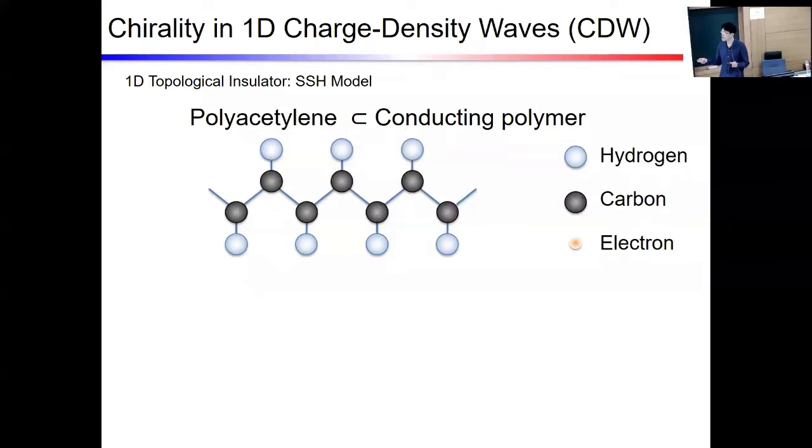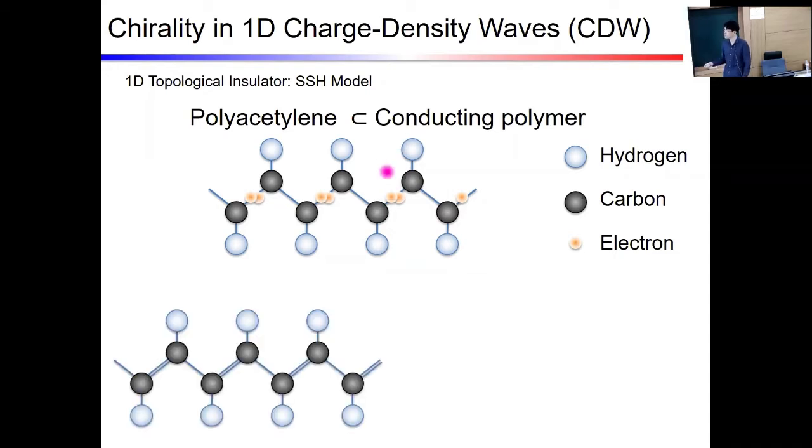All bonding is satisfied, but there is one extra electron living on each carbon atom. Then these remaining electrons come together and lead to forming additional bonds. So then we have double and single, double and single alternating structures. But this bonding ordering can happen the other way.